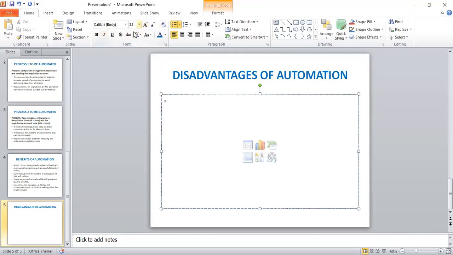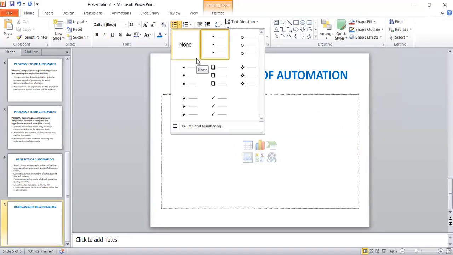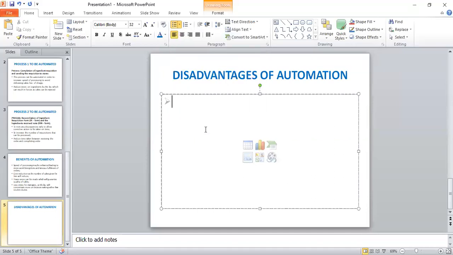Right. I would start with maybe two from Java. Initial investment cost may be high. For example, in our scenario, we can even go specific.